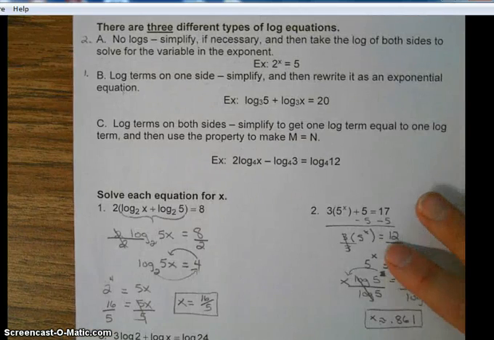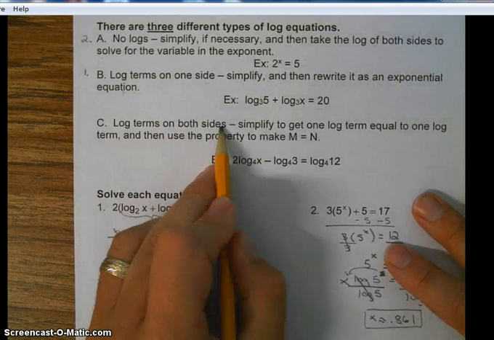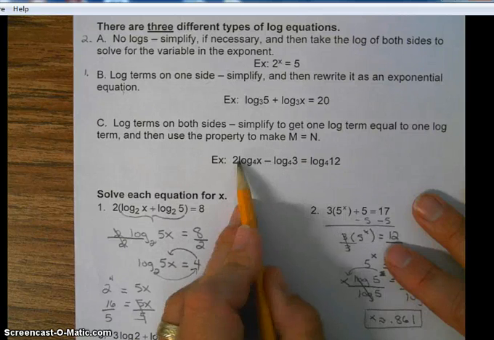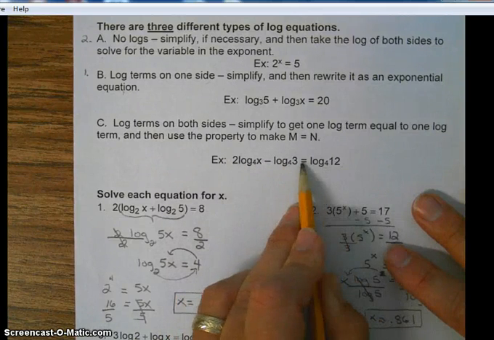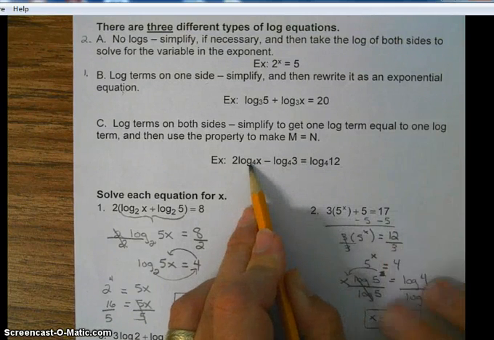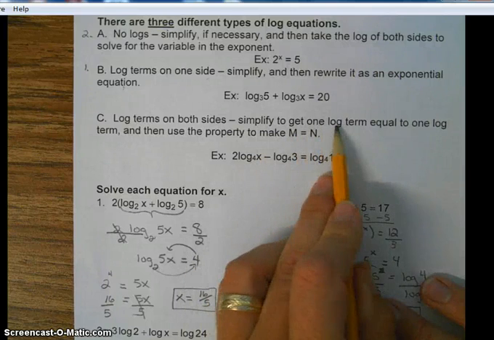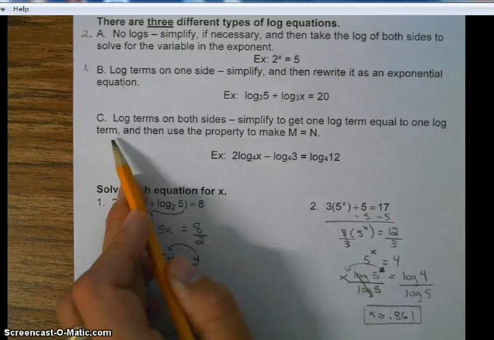All right, C. Here's when we have log terms on both sides. So notice in the example we have log terms on the left and we have log terms on the right. Always note that the bases are the same. Okay, it says simplify to get one log term equal to one log term.